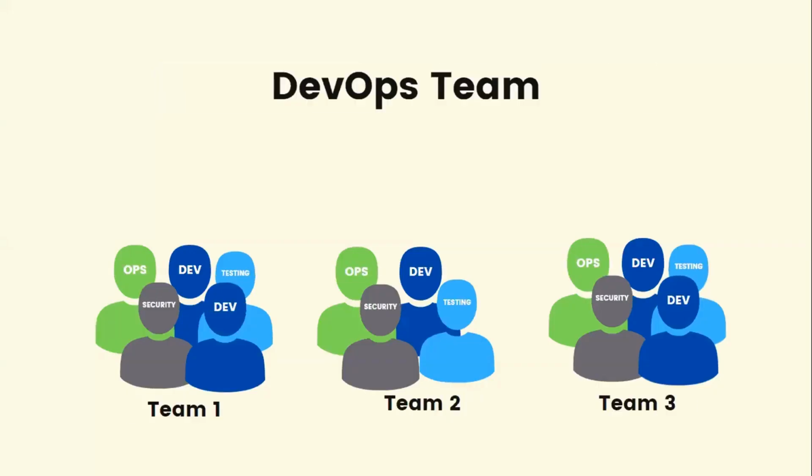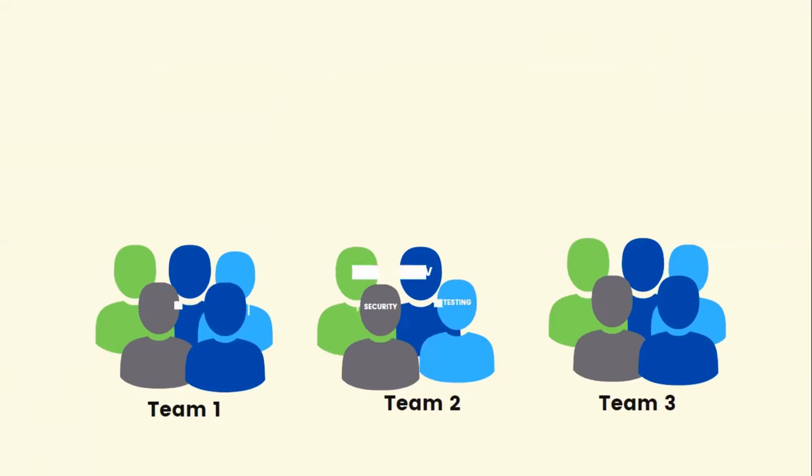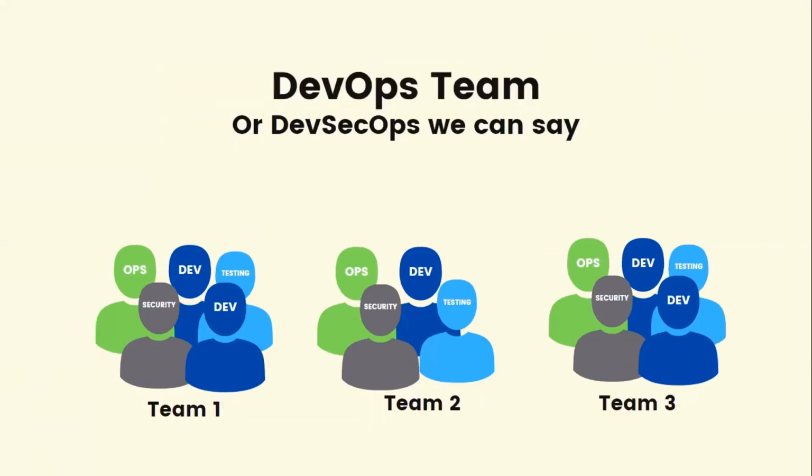So this is how the DevOps team in most software development companies looks these days, wherein you have some people from the operations team, some people from the development team, one testing person, though the number of people may depend. And then you also have people from the security department. So instead of calling this a DevOps team, we can also term it a DevSecOps team, where you have a person who is ensuring that your code is also secure, as in you're not exposing sensitive data to the public.